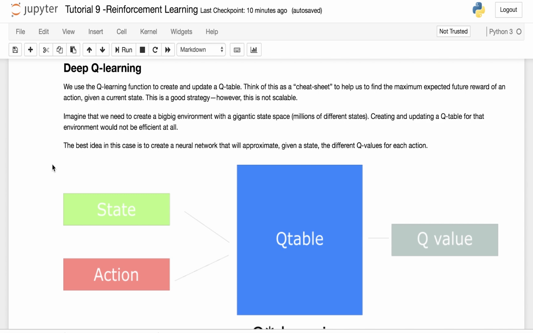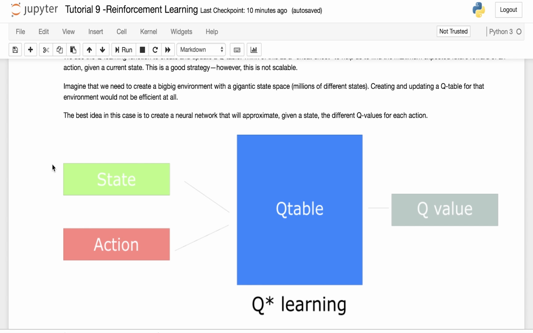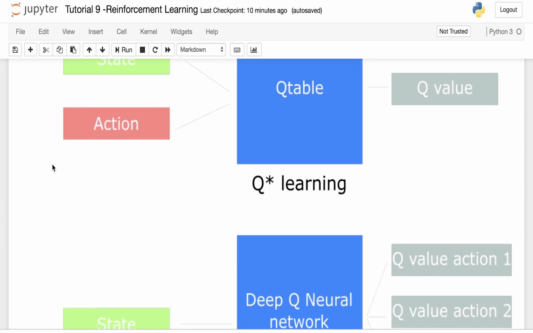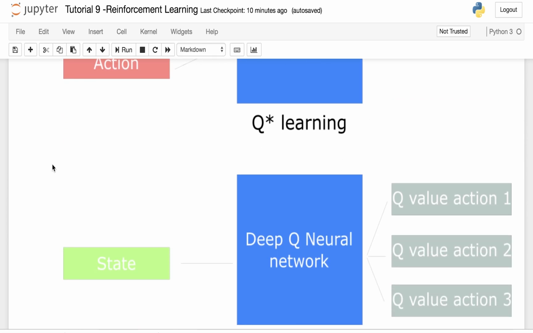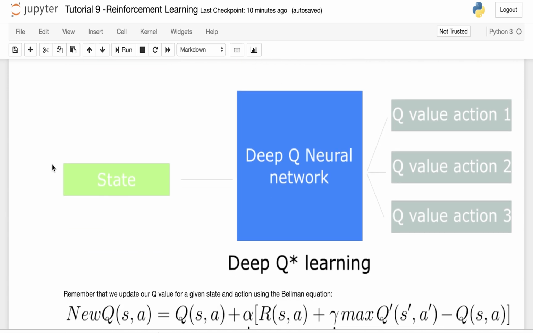So this is a very simple strategy. We have a state and action Q table that we learn through value iterations, and for each state we maximize our policy.